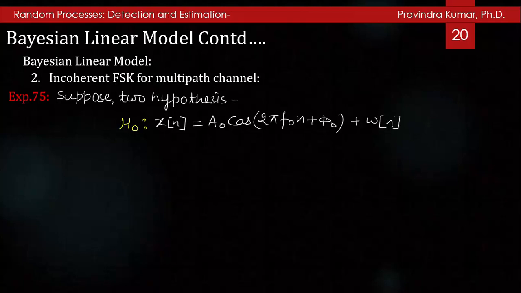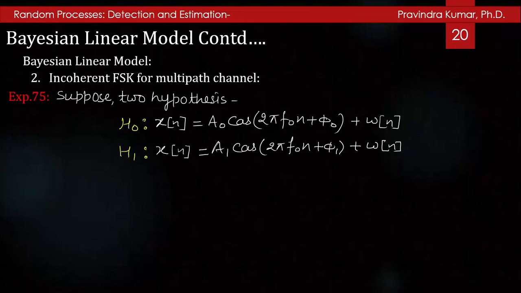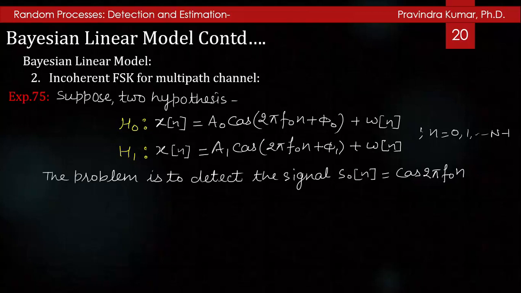H0 corresponds to x[n] equal to A0 cos(2 pi f0 n plus phi 0) plus omega[n], and H1 corresponds to x[n] equal to A1 cos(2 pi f1 n plus phi 1) plus omega[n], where n is from 0 to N minus 1. Consider the problem of detecting the signal s0[n] equal to cos 2 pi f0 n, or s1[n] equal to cos 2 pi f1 n.